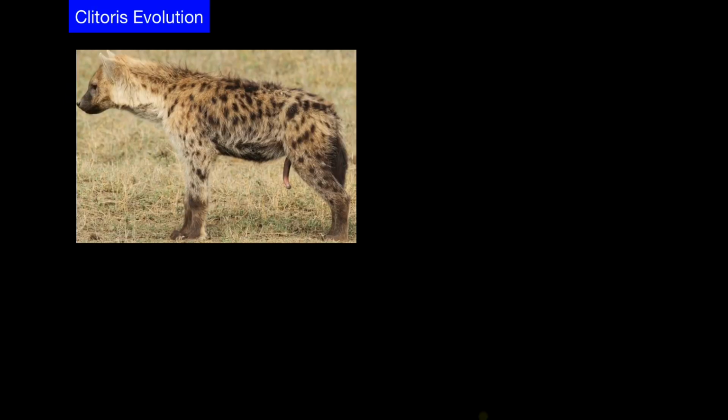So the fact that these two structures and organs are homologous has led to some interesting evolution. Here's an image of a female hyena, and this is her clitoris. So it looks very much like a penis.